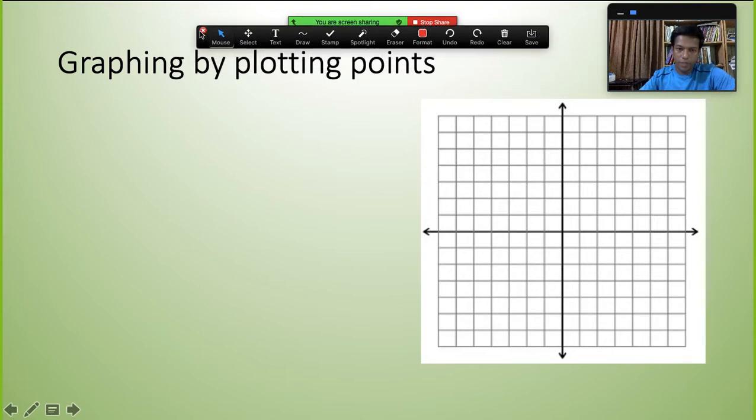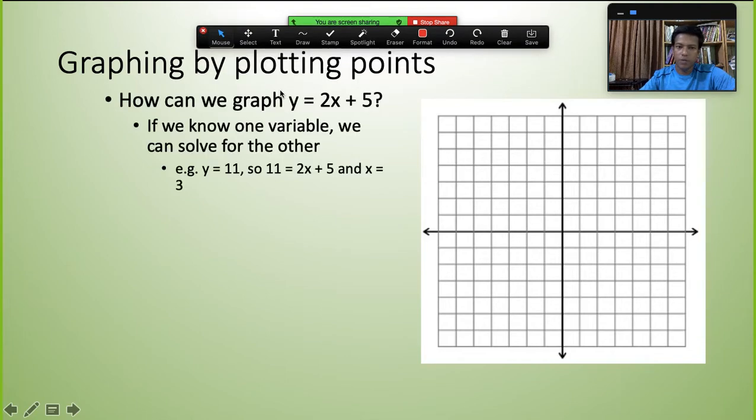Now one of our major topic here, which is, you will find this is not also difficult. This must be easy. So graphing by plotting points, we have y equals to twice x plus 5. So when you have this kind of thing, our way is by plotting points.